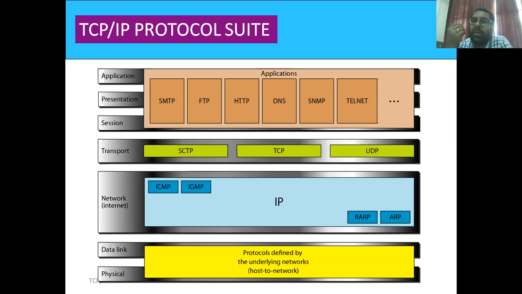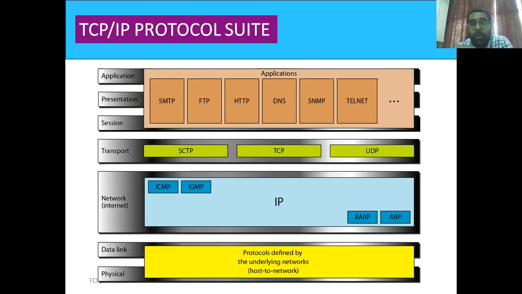So this is the concept of connection oriented. Obviously, when I am taking so much precaution and effort, I am making this connection more reliable. On the contrary, UDP is not that reliable.